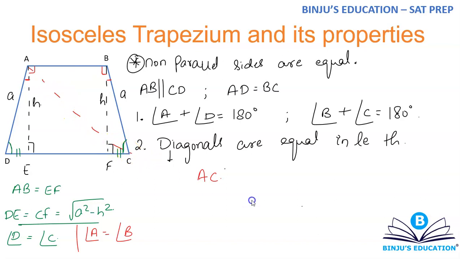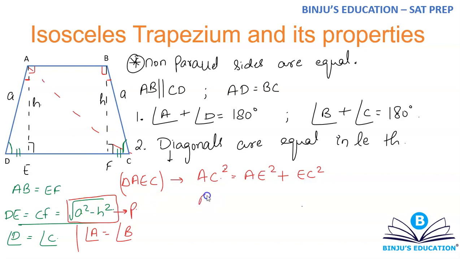If you use Pythagoras theorem in triangle AEC, you're going to get AC square is equal to AE square plus EC square. And rather than taking CF and DE to be under root of A square minus H square, let me take this value equal to some value P, just for the calculation purpose, so that you understand this concept.